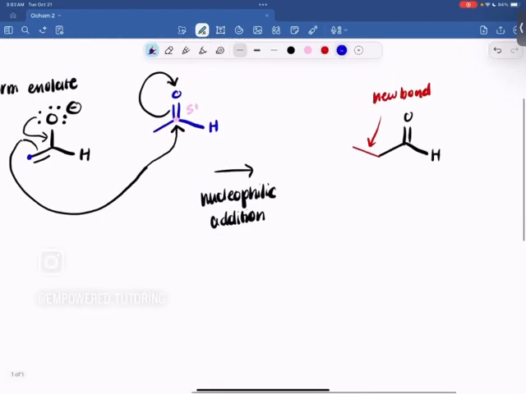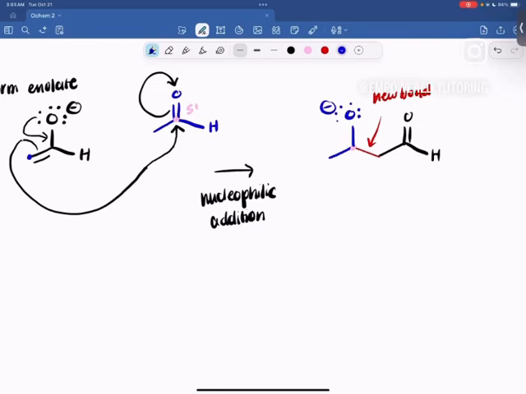There's that carbonyl carbon, and since the electrons moved up to the oxygen, the pi bond gets broken, creating that negative charge on the oxygen of the second carbonyl.